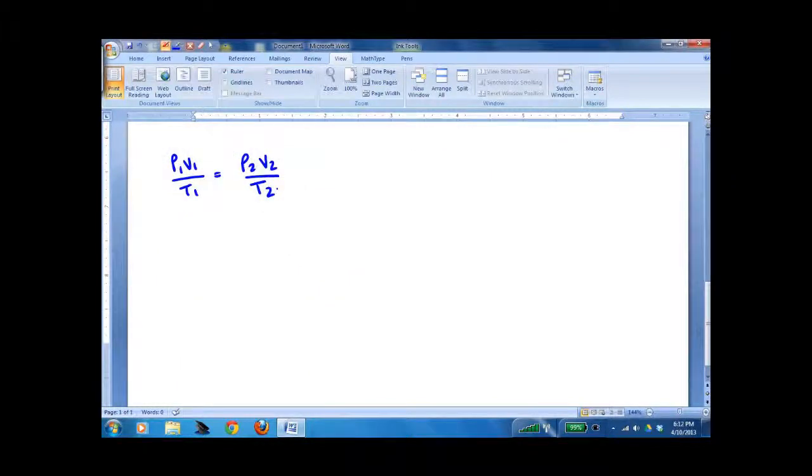And now let's start off by trying to solve for V1. So we need to isolate V1. T1 is on the bottom, so let's multiply both sides by T1. We still have this P1, so let's divide by P1.